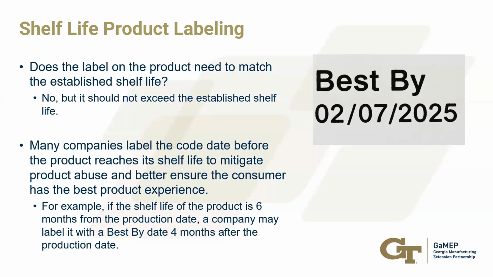One of the primary reasons is to factor in product temperature abuse or other factors like fluorescent lighting. And they want to ensure the consumer has the best experience possible. So they'll short code it to ensure the product is meeting maximum freshness, flavor experience for the end user. And that's perfectly okay. This is why you sometimes hear people say shelf life as labeled is a guideline.